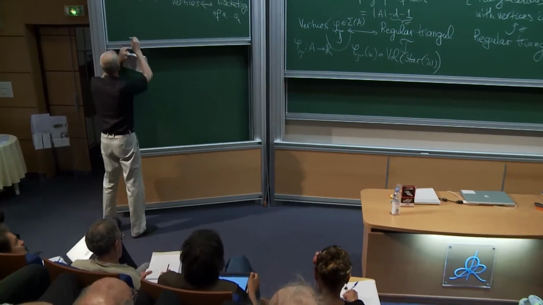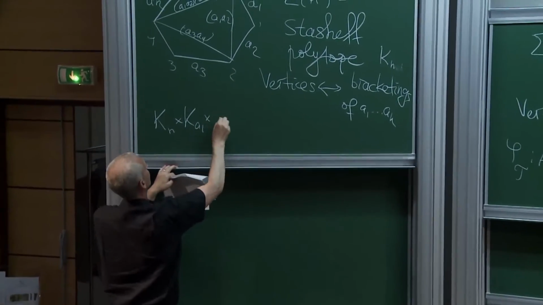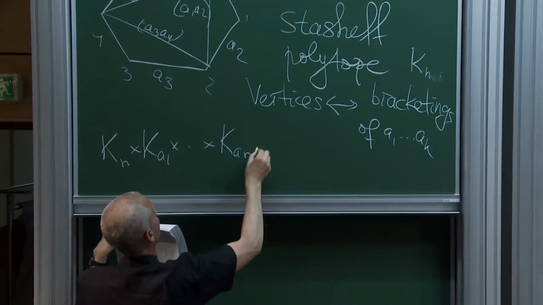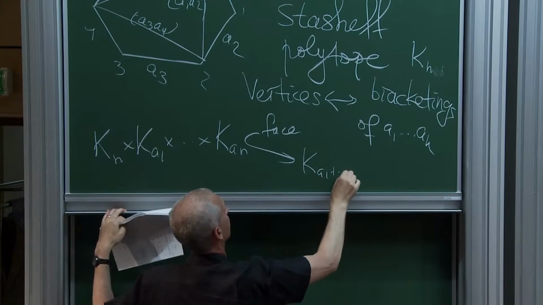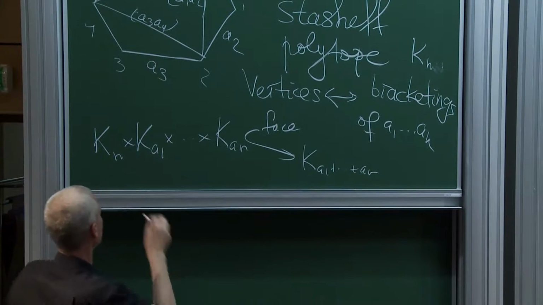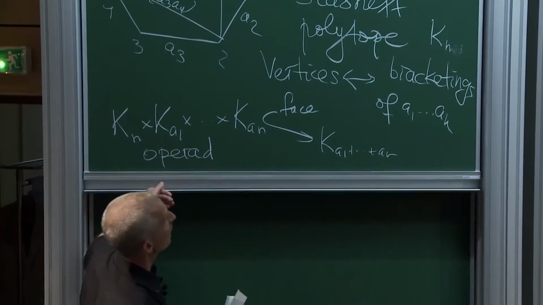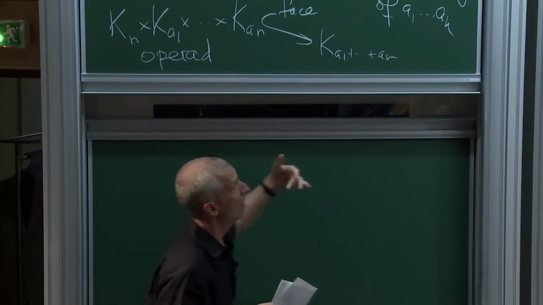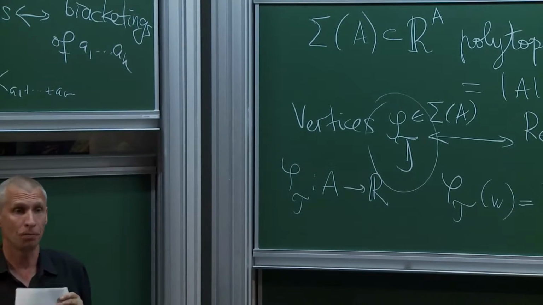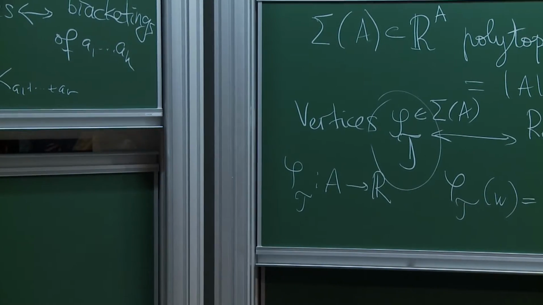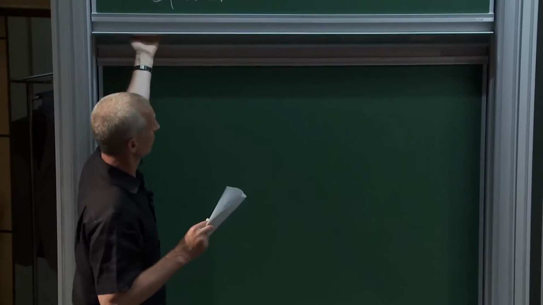So every face, we have maps like this: K_n cross K_{A1} cross K_{AN} is embedded as a face into K_{A1 plus AN}. This is the structure of an operad. What happens in general is that the arbitrary secondary polytope also has this type of structure. Every face is a product of other secondary polytopes, just like here.